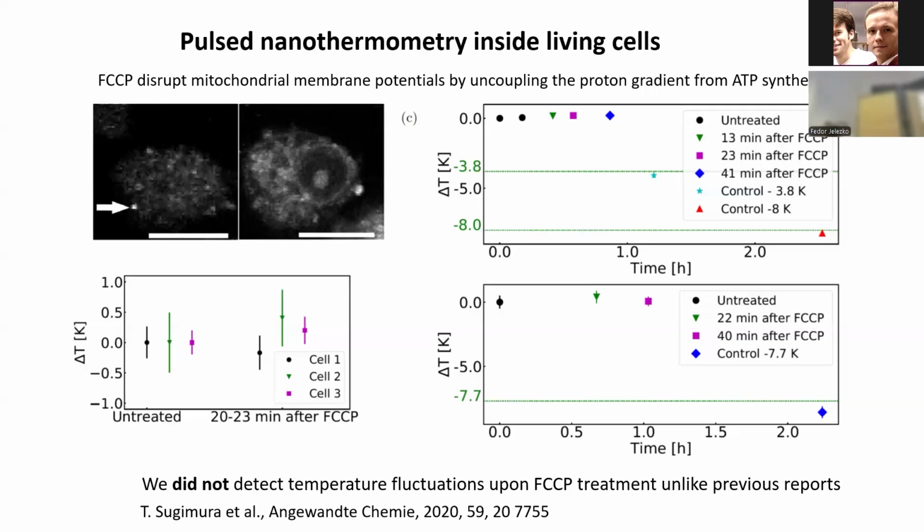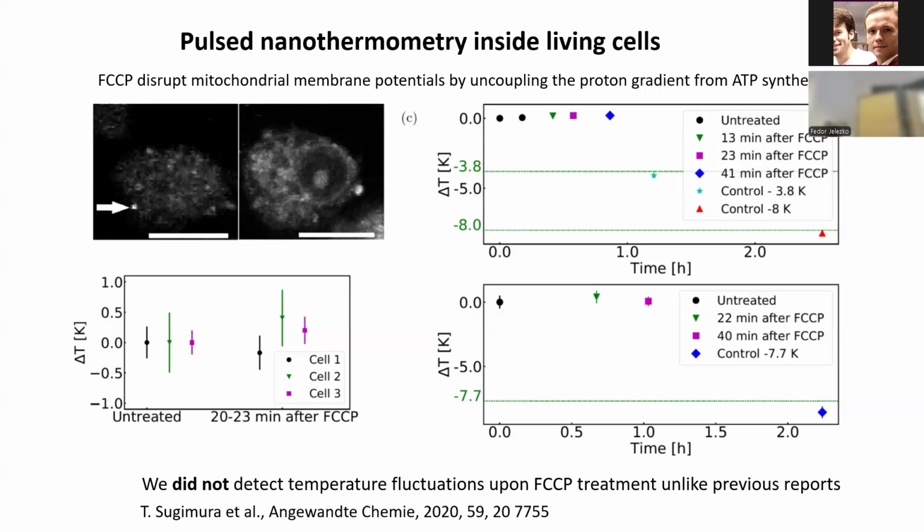And then we tried to reproduce the result of activation of temperature gradient by this FCCP. We measured the evolution of temperature, and we couldn't see any difference. We were not even sure that our measurements were right, so we waited for some time, and then again dropped our stage temperature on demand, and detected the drop. So in these measurements we couldn't reproduce the results that have been reported before using a fluorescence emission-based technique.